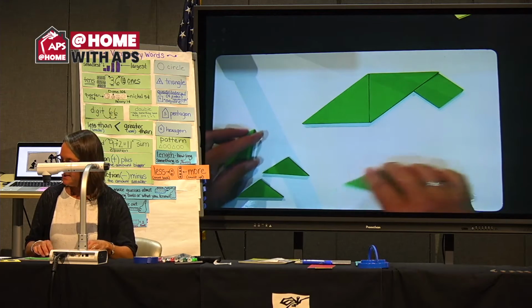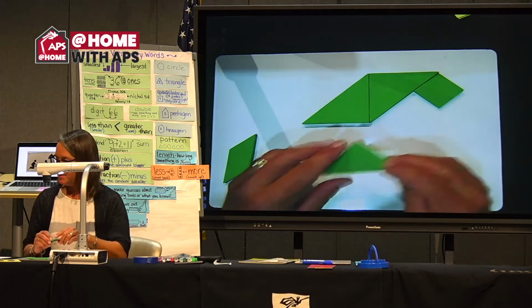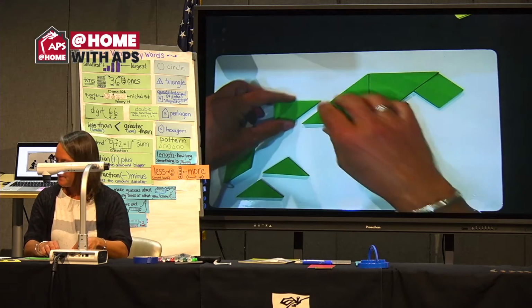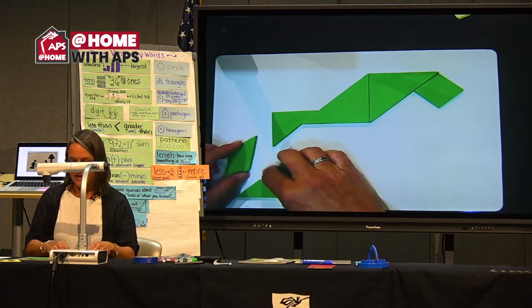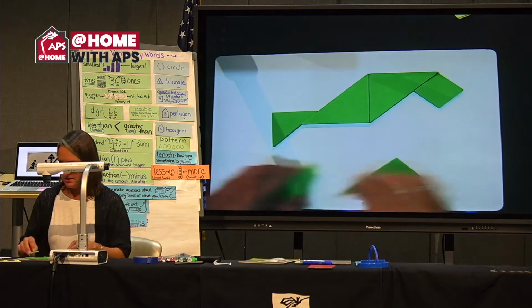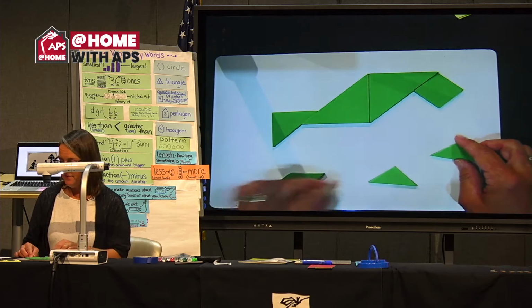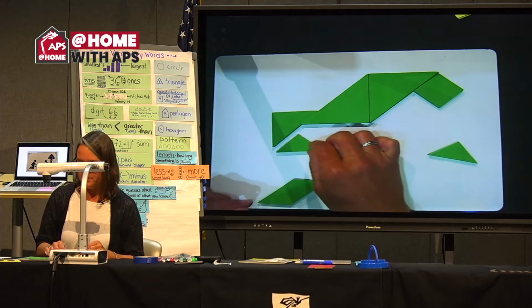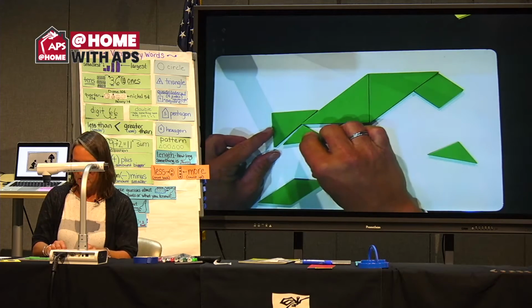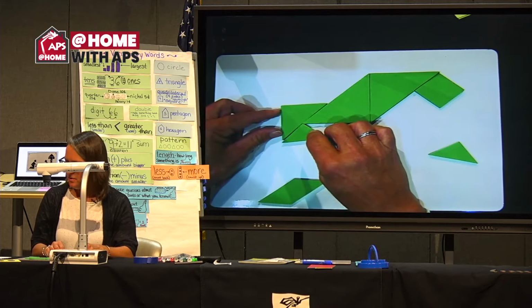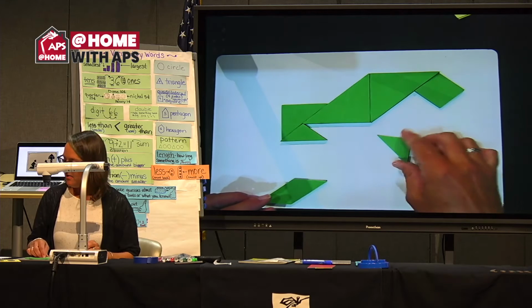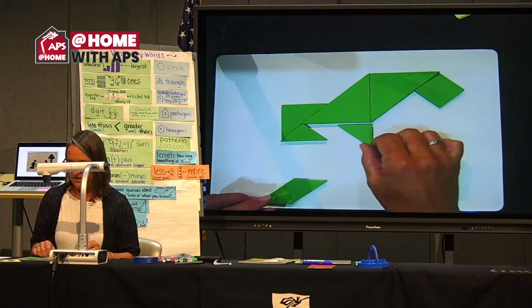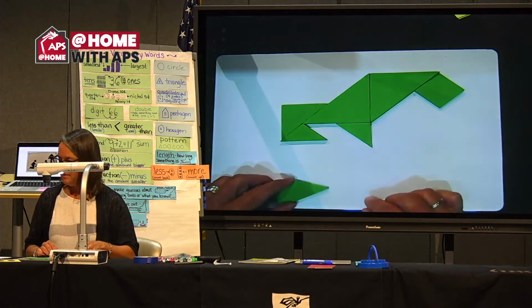Okay, we're going to take a medium-sized triangle now and connect it onto the back for the lion's hindquarters. He needs some feet, doesn't he? One small triangle will make a foot right here for our lion, and the other will make a foot here.